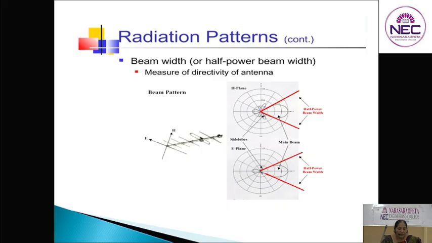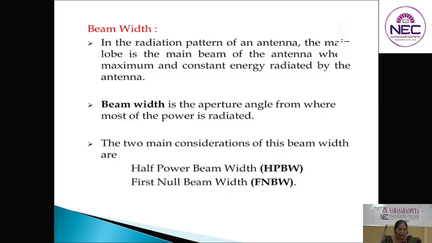Beam width. In radiation patterns, we are calculating the beam width also. For an antenna, we have the H-plane radiation pattern and E-plane radiation pattern. Here we are calculating or identifying the beam width. In the radiation pattern of an antenna, the main lobe is the main beam of the antenna with the maximum and constant energy radiated by the antenna.